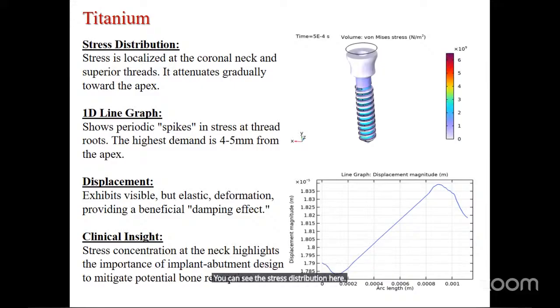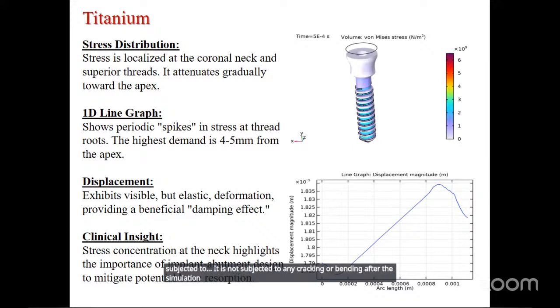Red is the maximum, meaning there's a problem there, a crack or a bending. In the titanium, a little bit of blue is showing at the neck downward. It means that titanium, being a metal, is very strong. It is not subjected to any cracking or bending after the simulation.